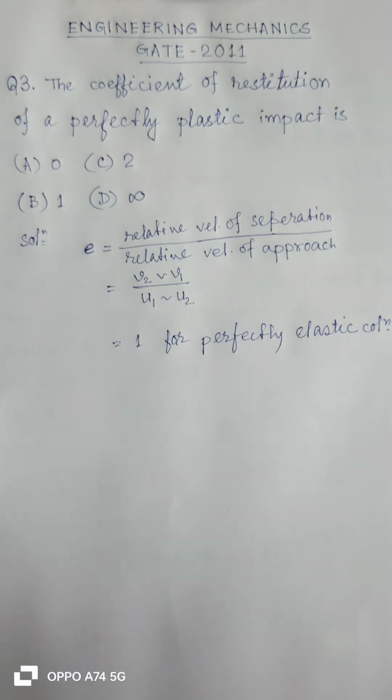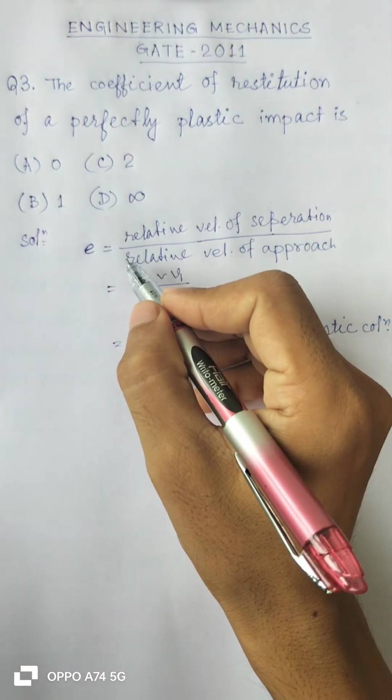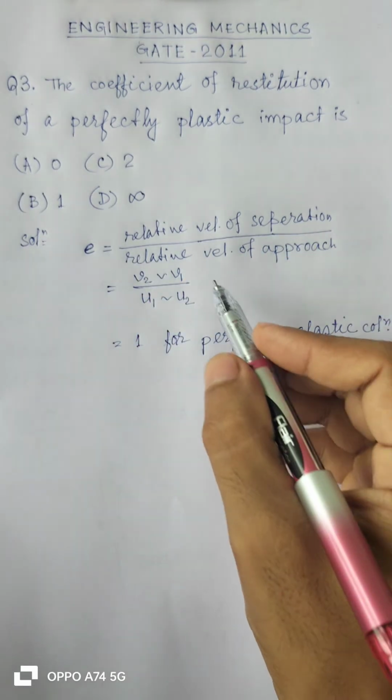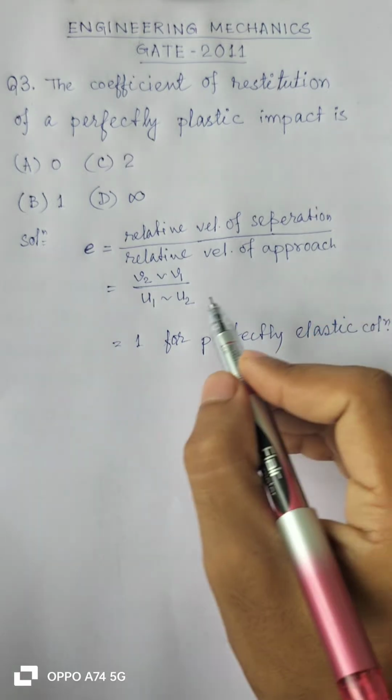So as we know, the coefficient of restitution is expressed in terms of small e, which is equal to the ratio of relative velocity of separation to relative velocity of approach.